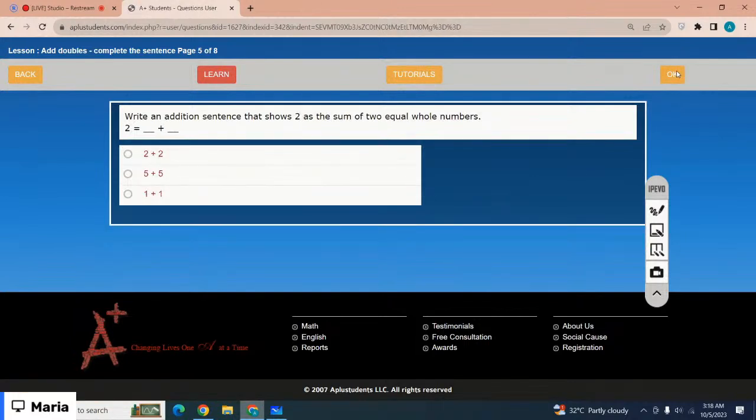Write an addition sentence that shows 2 as the sum of two equal whole numbers. Which is the correct option? 2 equals 1 plus 1. The correct option is 1 plus 1.